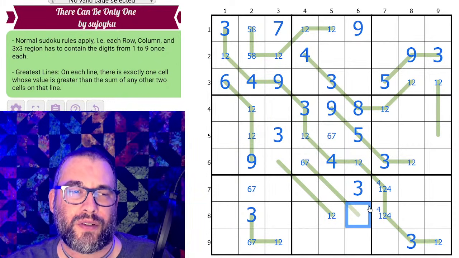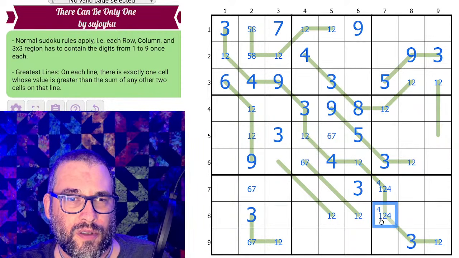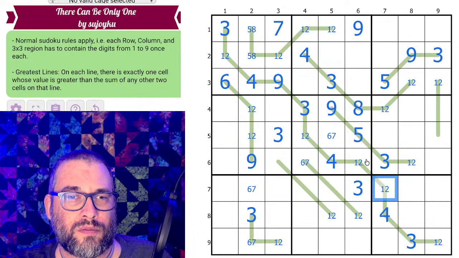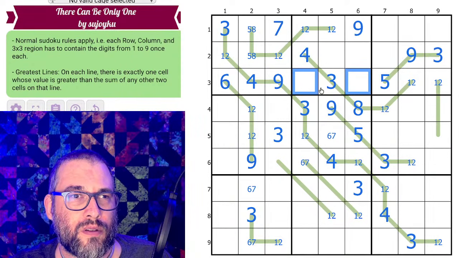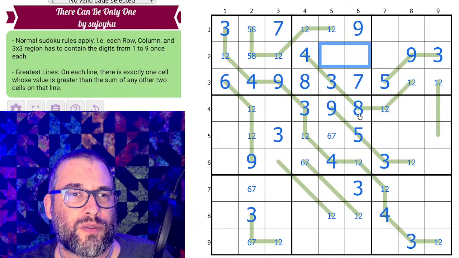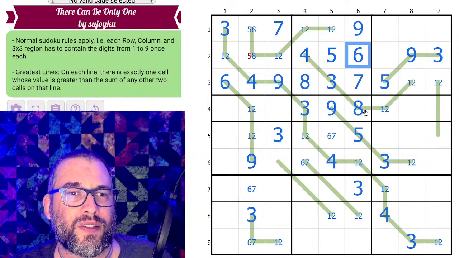Oh, and this line also needs a 1, 2. So that's a 4. Let's see, what's left in this row? 1, 2, 3, 4, 5, 6. These are 7 and 8, and we know the order. Need a 5, and this is a 6.